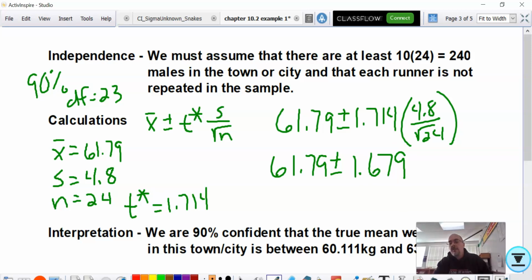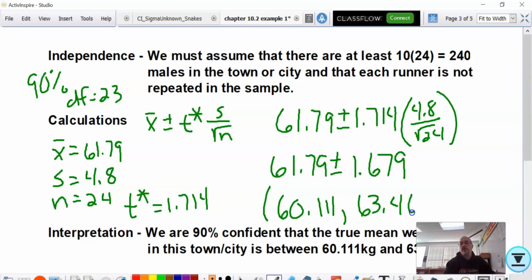It's better to round more decimal places than too few, so try to stick with at least 3 to 4. Now if I do the plus or minus, I get 60.111 to 63.469.